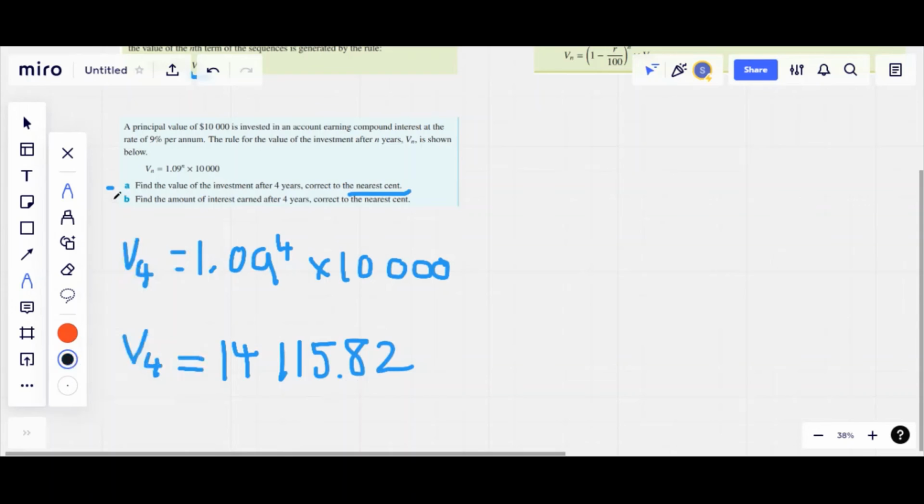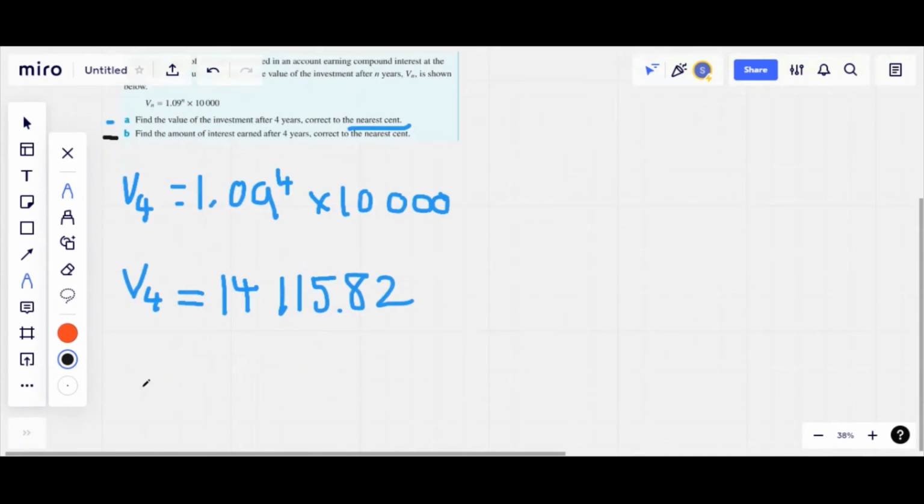To have a look at question B, we need to find the amount of interest earned after 4 years. So across the whole 4 years, we need to find the total amount of interest earned. For this one, we need to subtract our initial value from our final value, so from our V4 value.